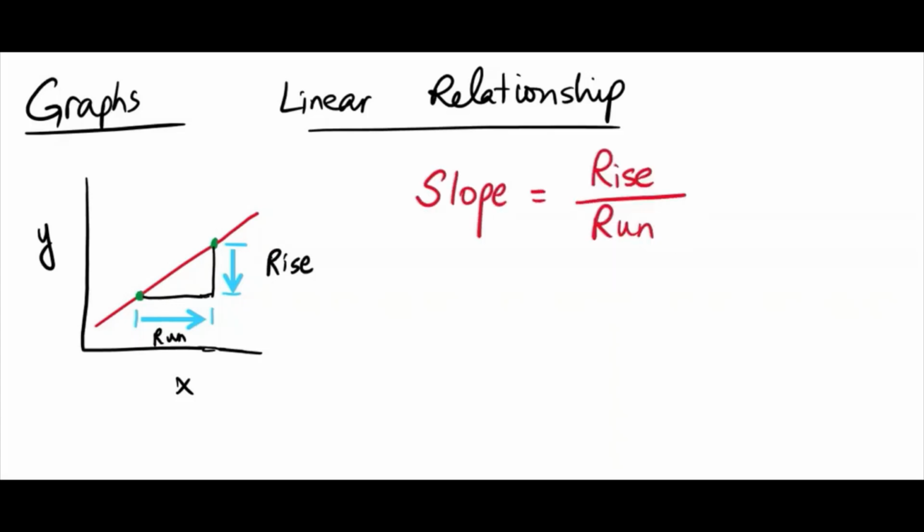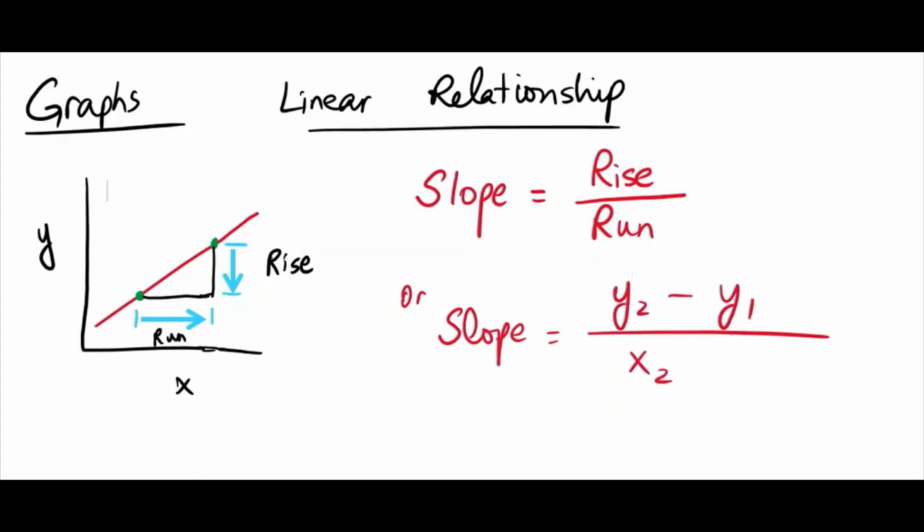So the slope can be calculated as rise divided by run. Or if you know the coordinates of the points on the graph, you can also take this equation as y2 minus y1 over x2 minus x1. By labeling the points, you can see point 1 is first and point 2 is second.